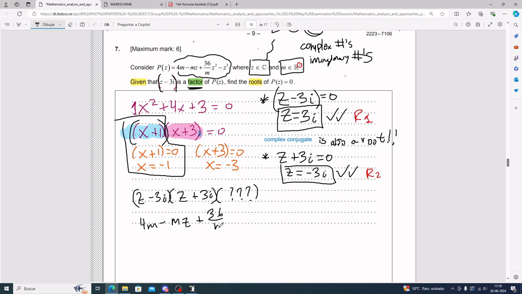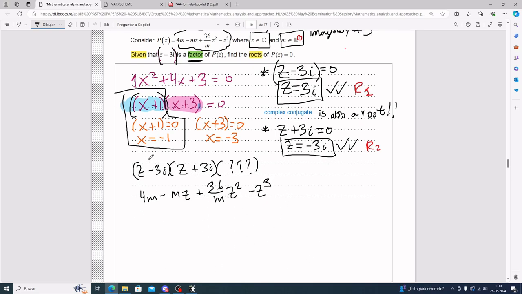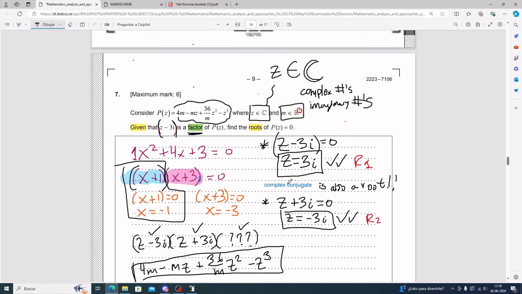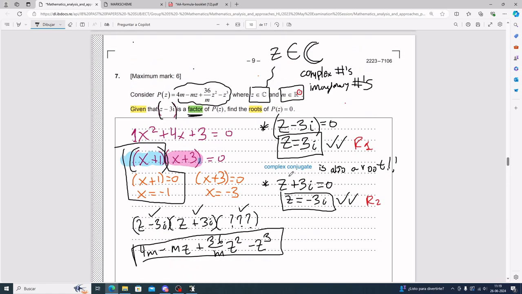So one of the methods is literally just trying to distribute backwards or figure out by intuition what the last root should be, or factor out piece by piece from the original one until you end up with what the last parentheses should be. That is one of the methods. I don't really want to get into it because I think the other method is a little more straightforward, but I do want to give you the tool in case you've seen it in class.